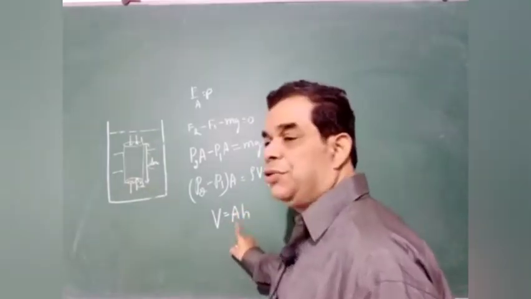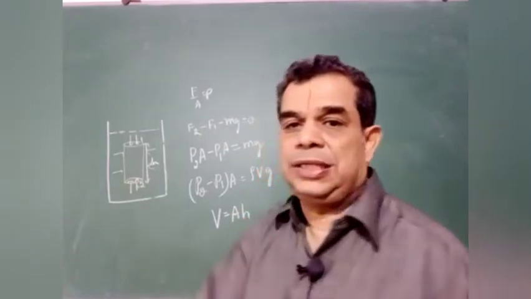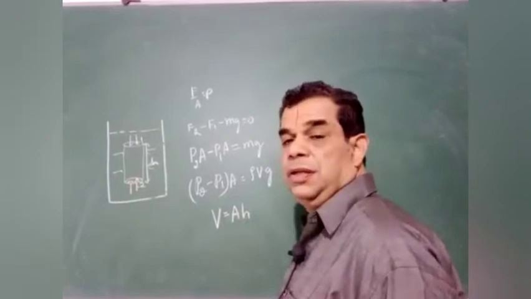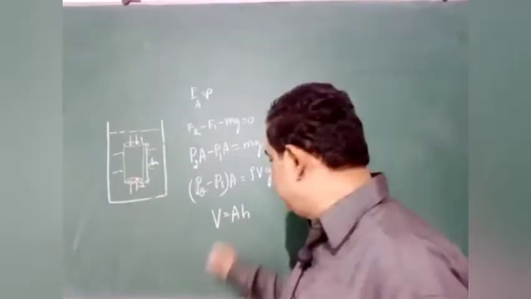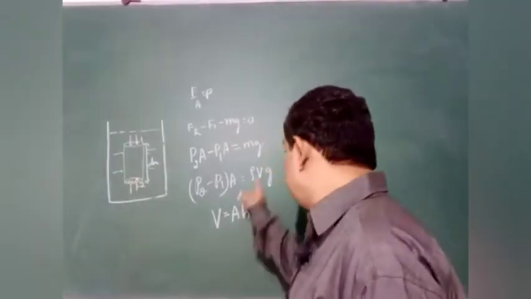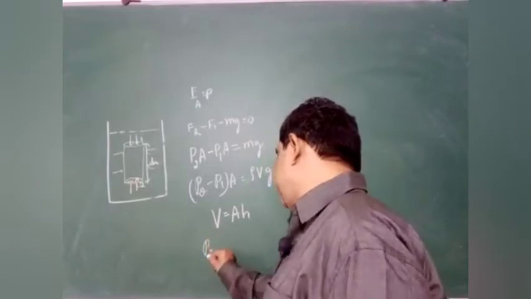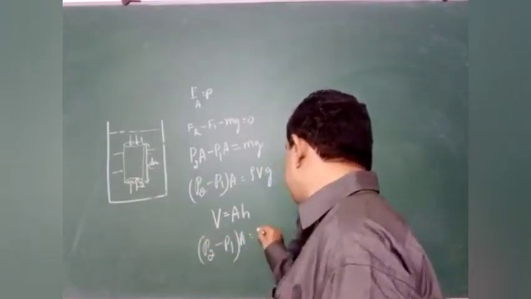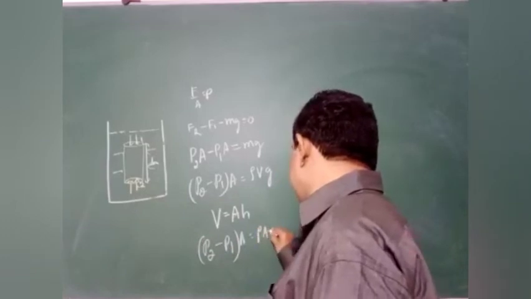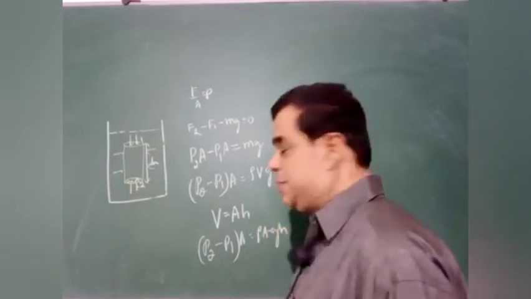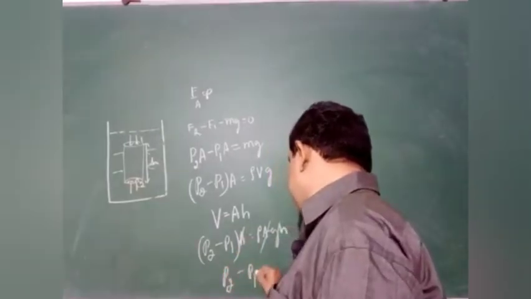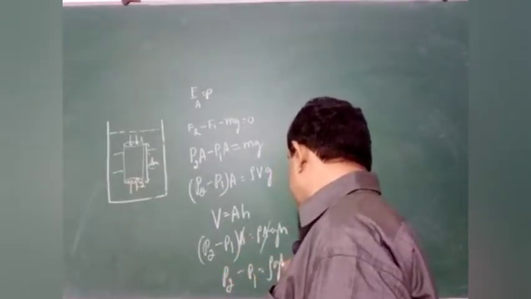You usually write pi r square H in geometry, but instead of pi r square, we write A as the area. Now substitute everything: P2 minus P1, A equals rho A g H. Cancel A there. P2 minus P1 is rho gH.